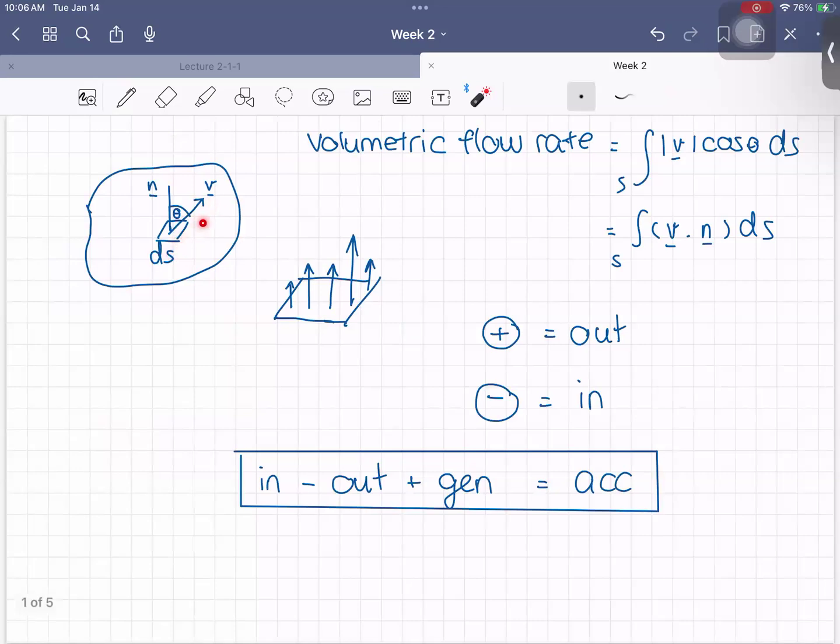For example, if we have a vector, for example velocity right here, going out of this area, it can be in any angle. It doesn't have to be perpendicular to the area. So to incorporate it into the equation, you need to dot with the normal vector, like this, v dot n.